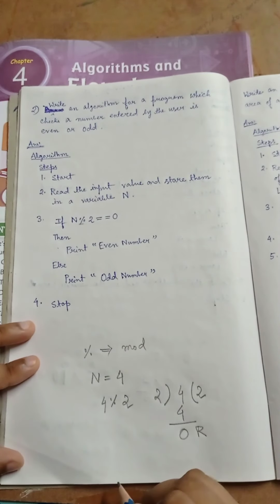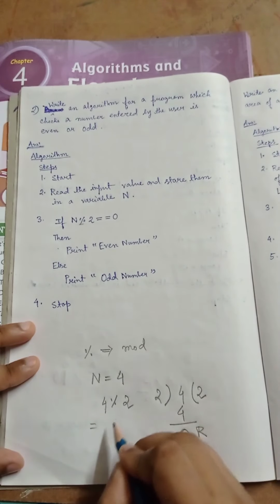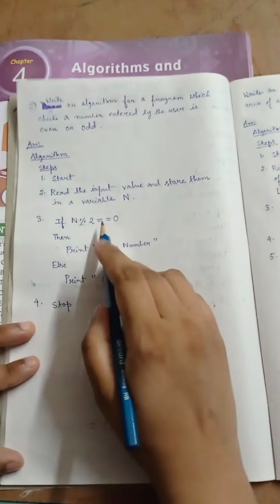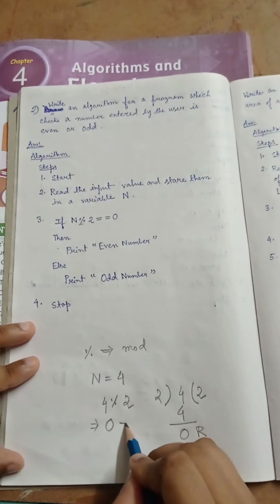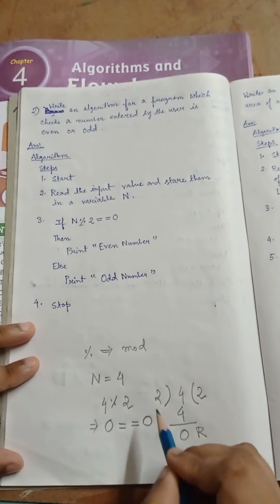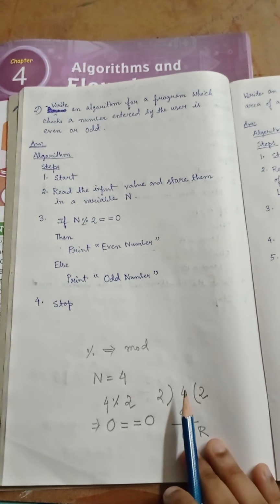It takes only the remainder. So the result of 4 mod 2 is equal to 0, then it checks whether it is equal to 0. If 0 equals 0, then it is true, then even number is printed.